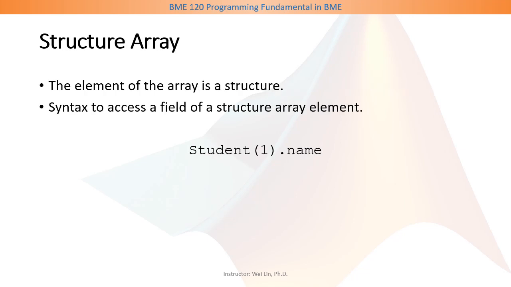So far, we discussed structure. As for structure array, it's relatively simple. You can put elements of the same structure together to form a structure array. In order to access a field in one of the structures, you need to access the structure in the array first using an index, and then use a dot and the field name.